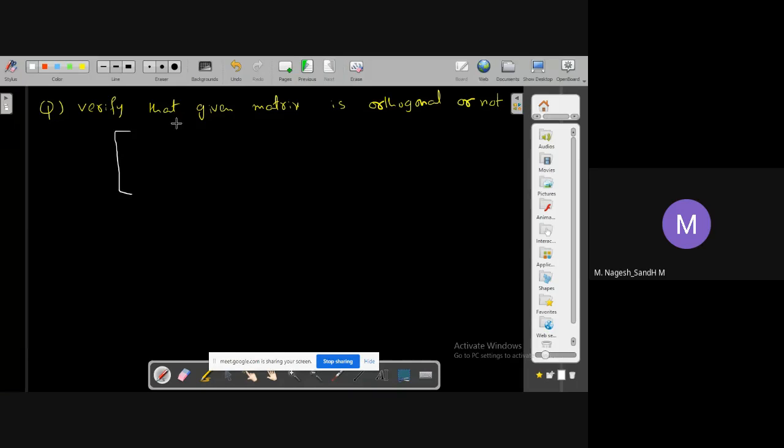Given matrix 1 by 3 next to 2 by 3 next to 2 by 3, next 2 by 3, next to 1 by 3, next to minus 2 by 3.